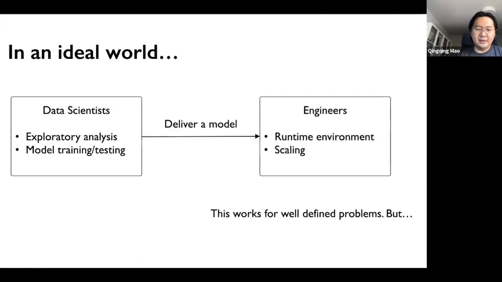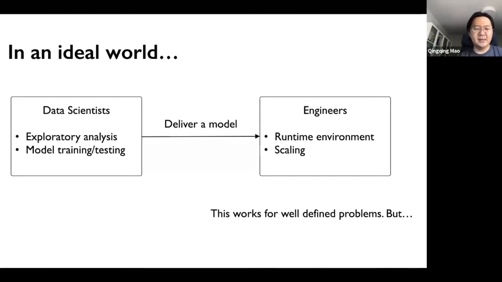I'm going to start with some very general ideas about how people think about data science. Everyone talks about this, and many people know what the problem with that is, right? In an ideal world, a lot of times you think of data scientists as the ones who do the exploratory analysis, train the model, and do a lot of testing and data cleaning.